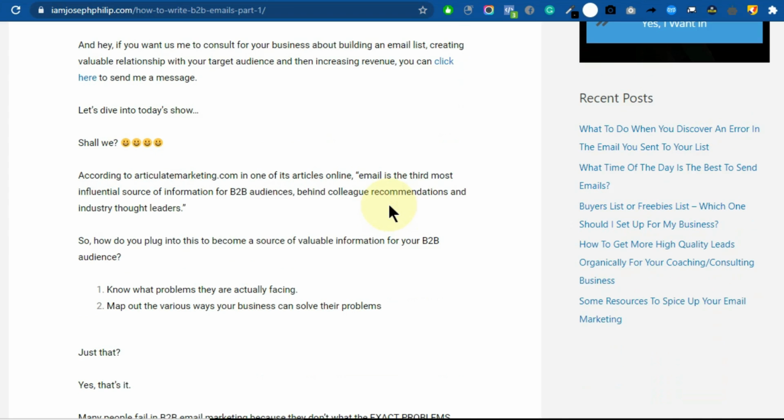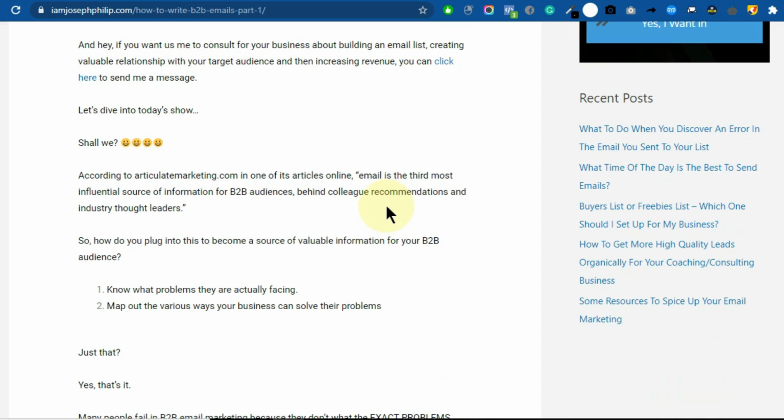So according to articulatemarketing.com, email is the third most influential source of information for B2B audiences, behind colleague recommendations and industry thought leaders. So if you're writing B2B email, you need to know that it's a highly credible platform or source of getting accurate information for B2B audiences.